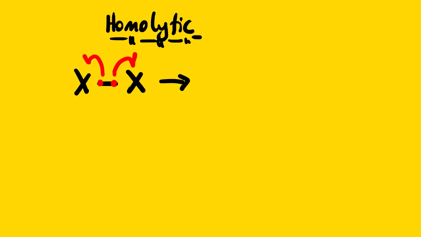Remember that this hook arrow simply represents a movement of one electron. So both of them will have an electron from that bonding pair. And you should take note that it doesn't necessarily mean that the atoms should be identical.